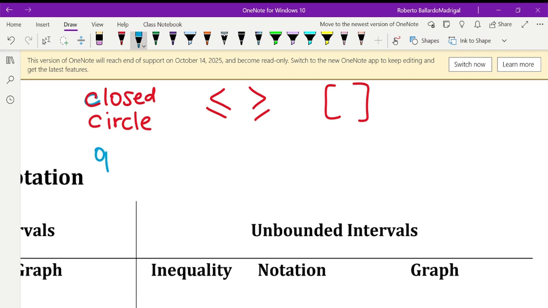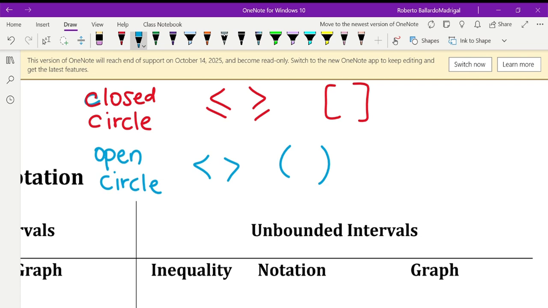And then open circles, you have the inequalities without the line underneath. So like just the inequality greater than or less than, no line underneath, no, or equal to. And then we're going to represent those bounds with a parenthesis. Okay. So we'll kind of refer to this as we fill out the rest. But just write that down for reference so that we can refer to these later on.